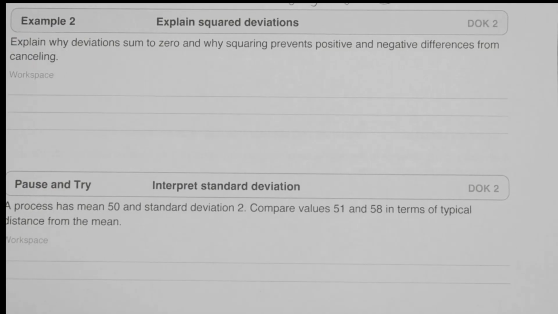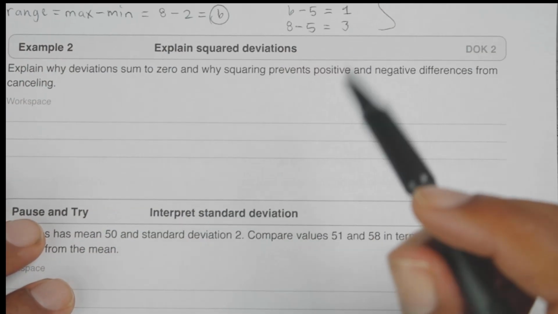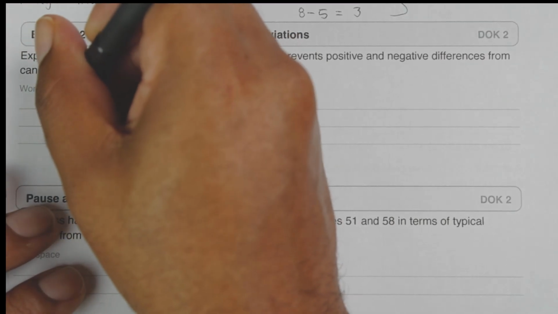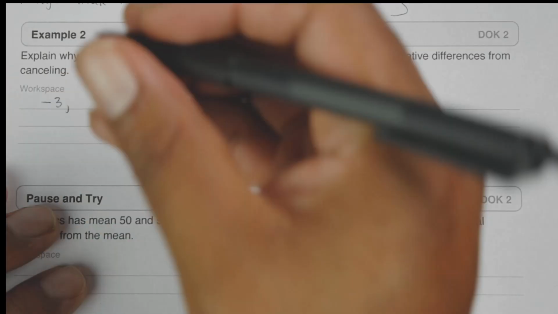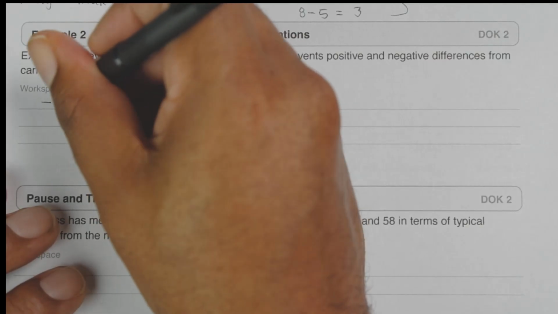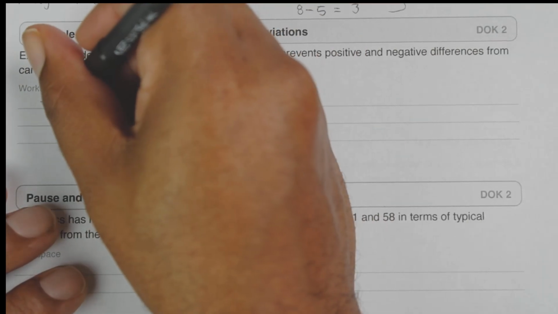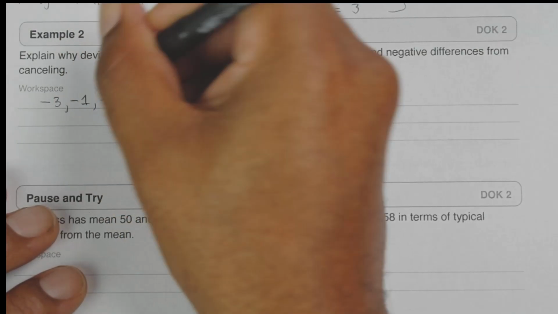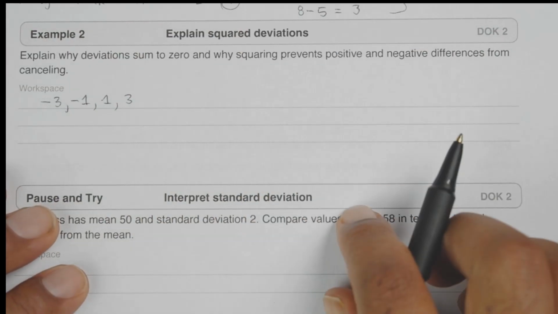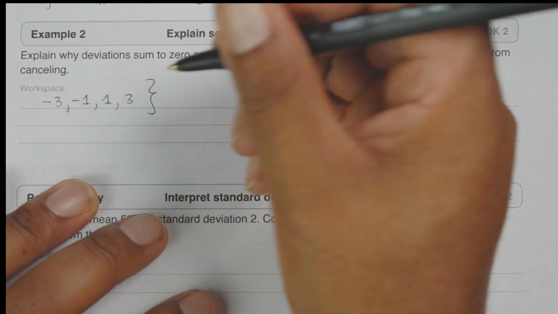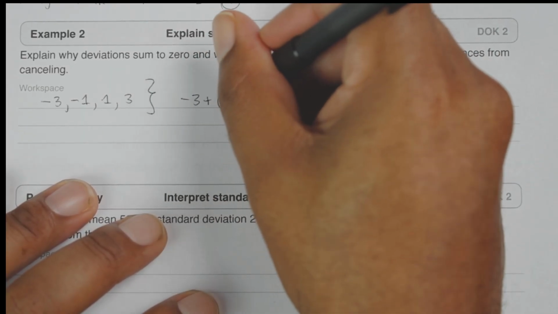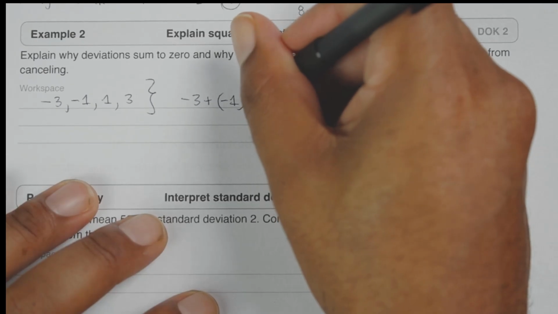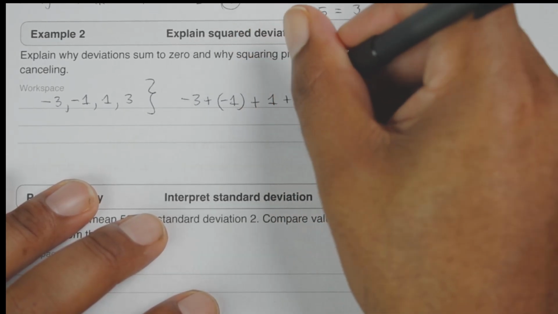Let's add the deviations that we just dealt with: -3, -1, 1, and 3.